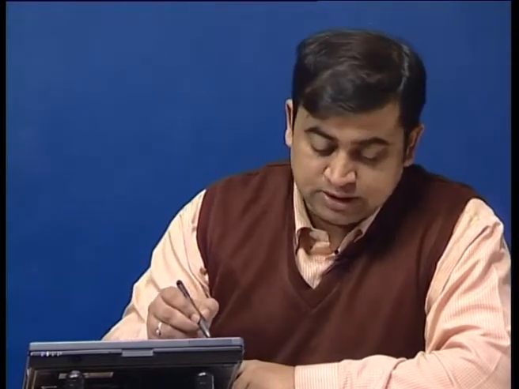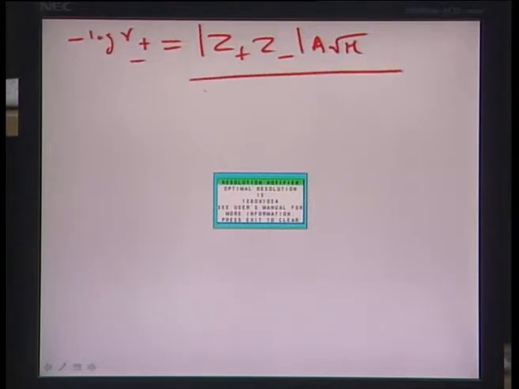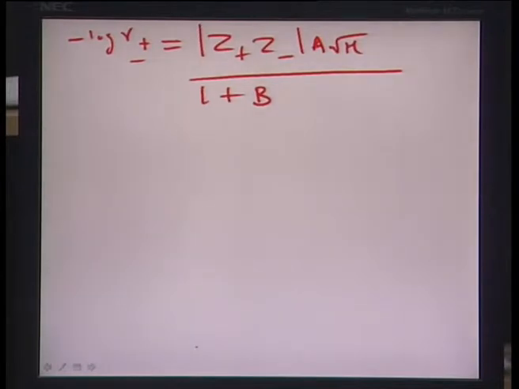In other words, we can write this expression in a slightly different manner so that it can be more simplified. So, you have minus log of gamma plus minus, and you can write this as z plus z minus A times root mu, divided by 1 plus B times A times root of mu.